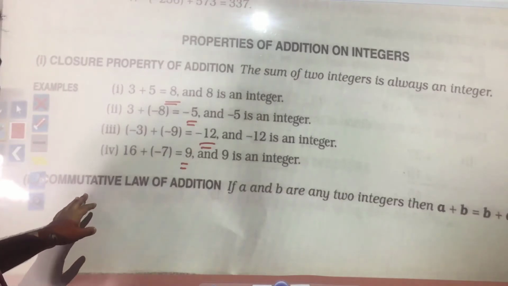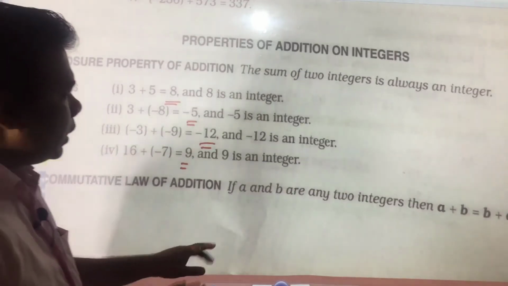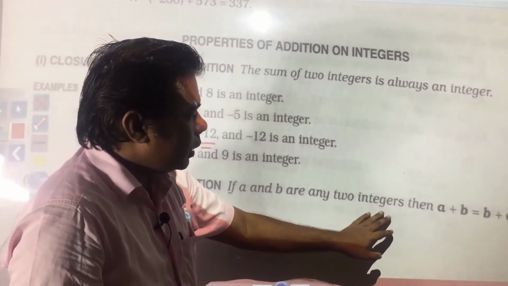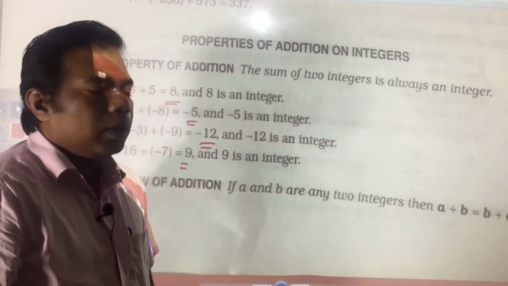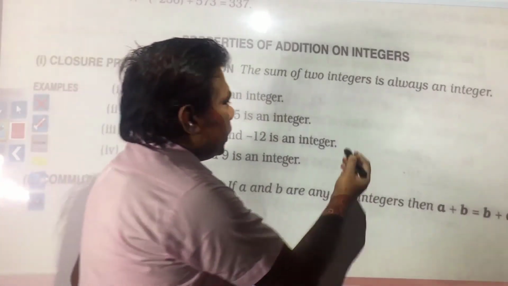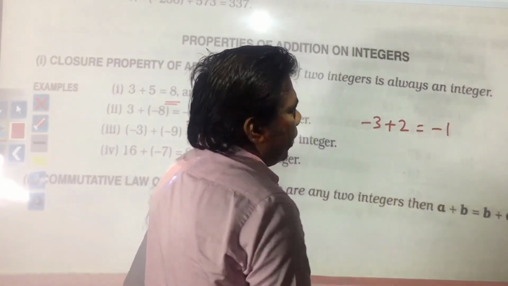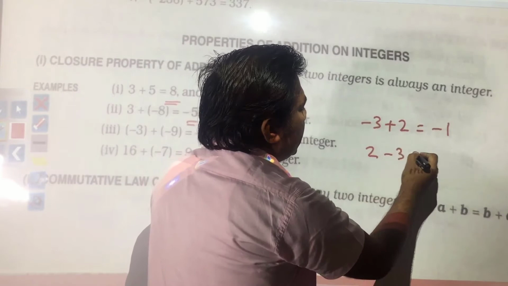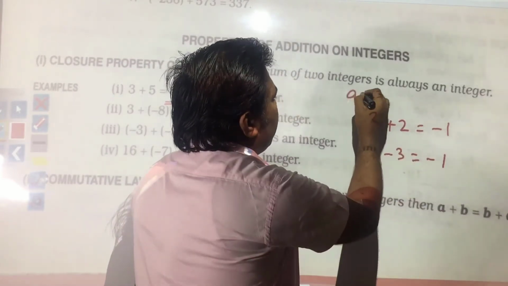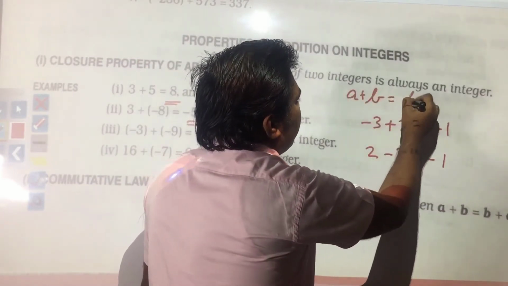Second, you have the commutative law of addition. If a and b are any two integers, then a plus b is equal to b plus a. Suppose, for example, minus 3 plus 2 is minus 1, and 2 minus 3 is equal to minus 1. It means a plus b is equal to b plus a.